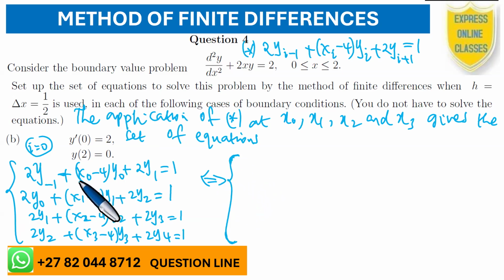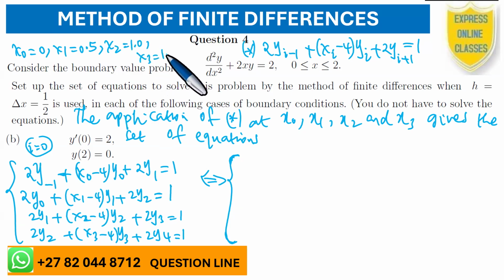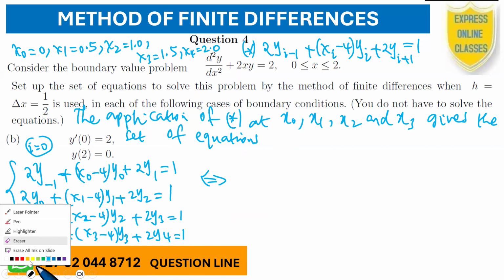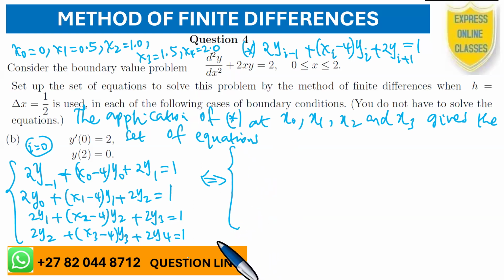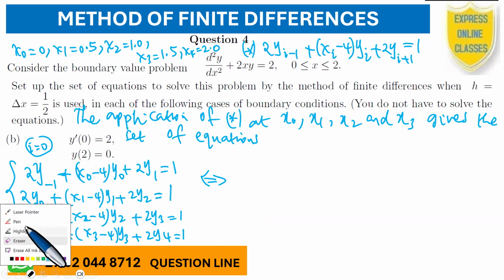Let's check. We take x0 to be 0, x1 is 0.5, x2 is 1.0, x3 is 1.5, x4 is 2.0. Then we have the following.